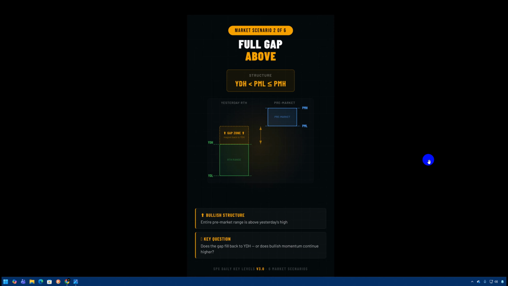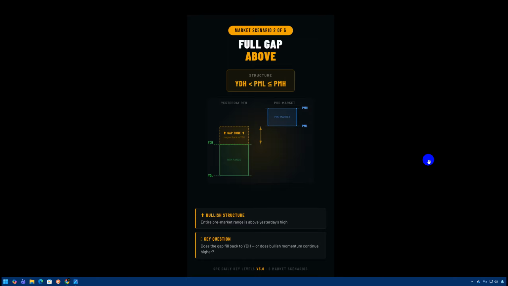Okay, and here's a graphical representation of market scenario 2, full gap above. Again, this is a true full gap above where the entire pre-market range of PML to PMH is above yesterday's daily high, YDH, not just that the open is above the YDH, which is what most people consider to be a gap. That's still a gap, but this is a true gap where the entire pre-market low and pre-market high range is above yesterday's daily high.